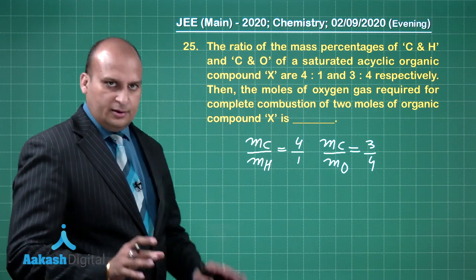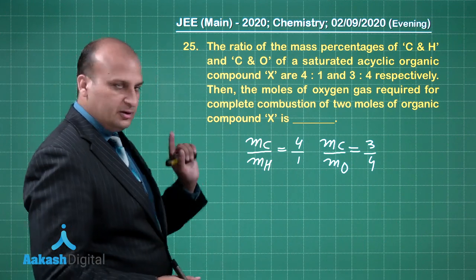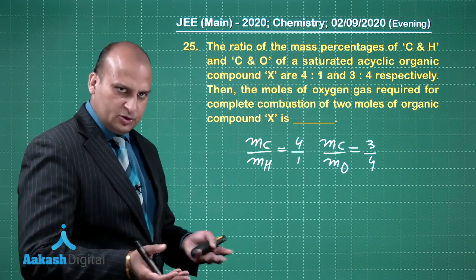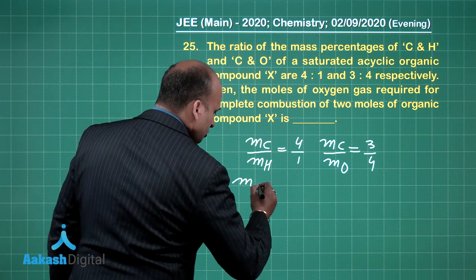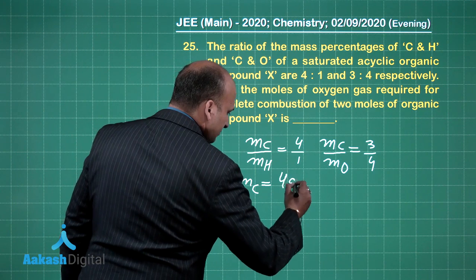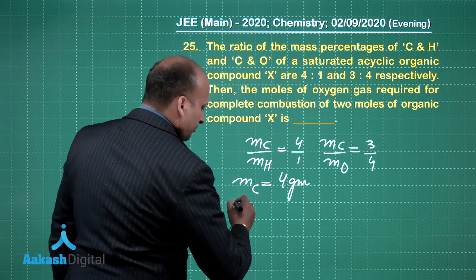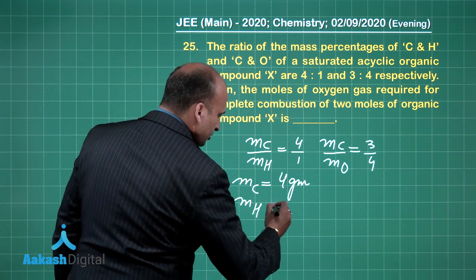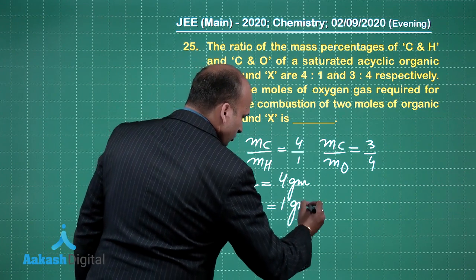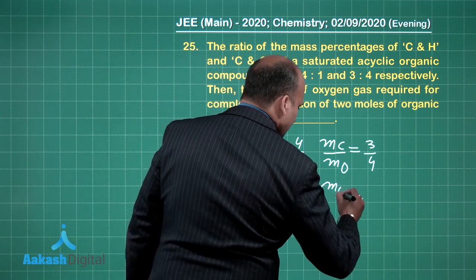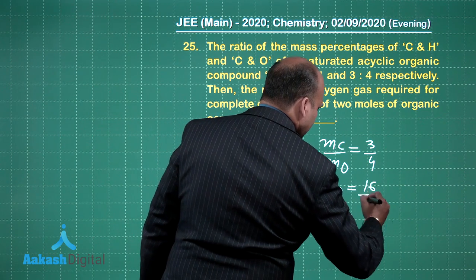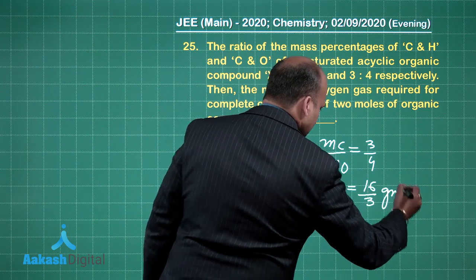Let us assume that the mass of carbon is 4 grams. So, if I am assuming mass of carbon to be 4 gram, mass of hydrogen will be equal to 1 gram and mass of oxygen will be equal to 16/3 grams.